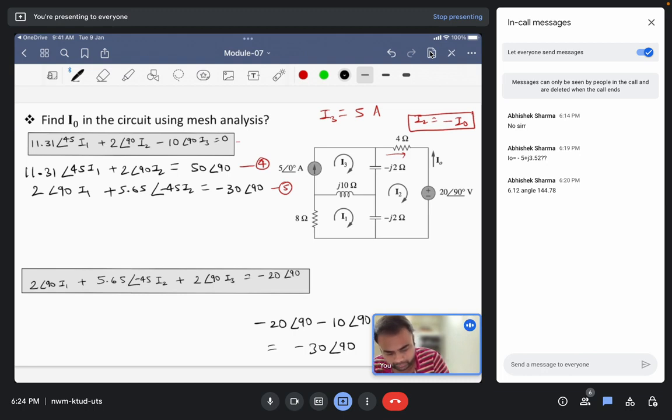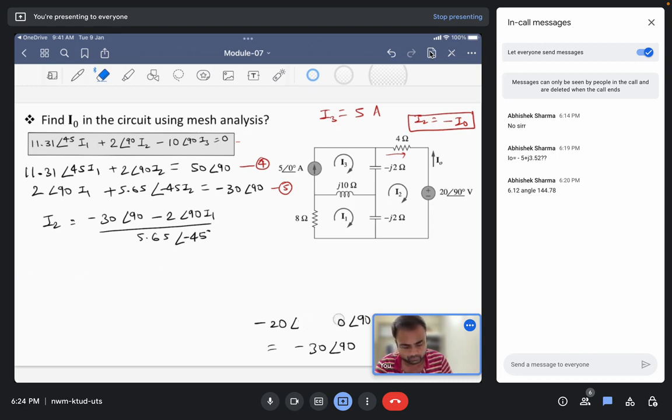So I will just find the value for I2 now. So I2 will be equal to minus 30 angle 90 minus twice angle 90 I1 divided by 5.65 angle minus 45 degrees.